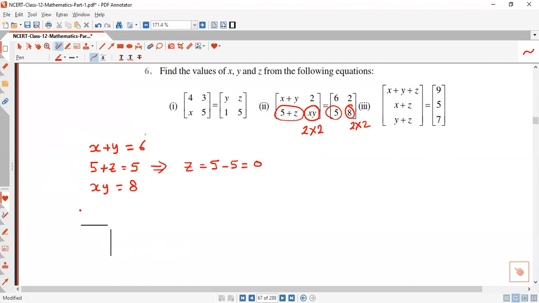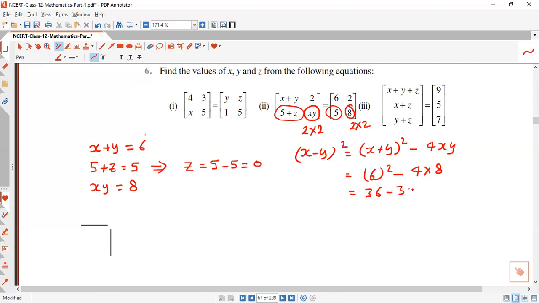We know this algebraic formula: x minus y whole square equals x plus y whole square minus 4xy. Here x plus y whole square is 6 whole square, minus 4xy is 32. 36 minus 32 comes out 4.